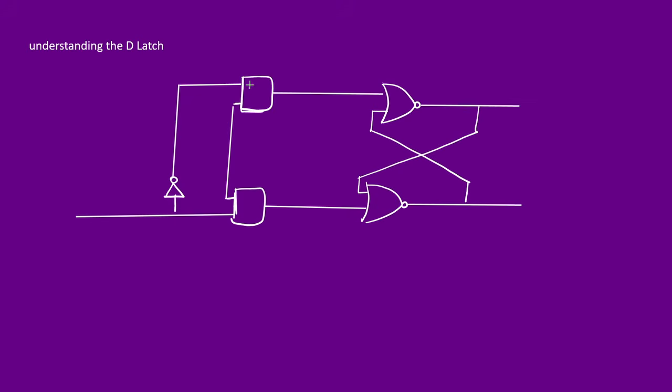So now when usually we would have had S and R, this becomes one single input D. Okay, so now you don't have 2 inputs S and R. You have only one input, which is D. Okay, so this is still going to remain your enable. This is going to be not Q, and this is going to be Q.